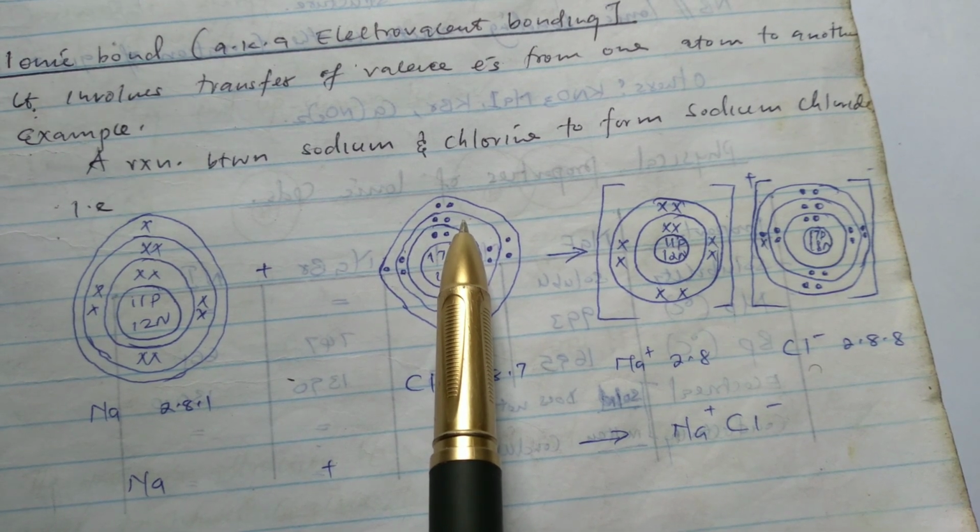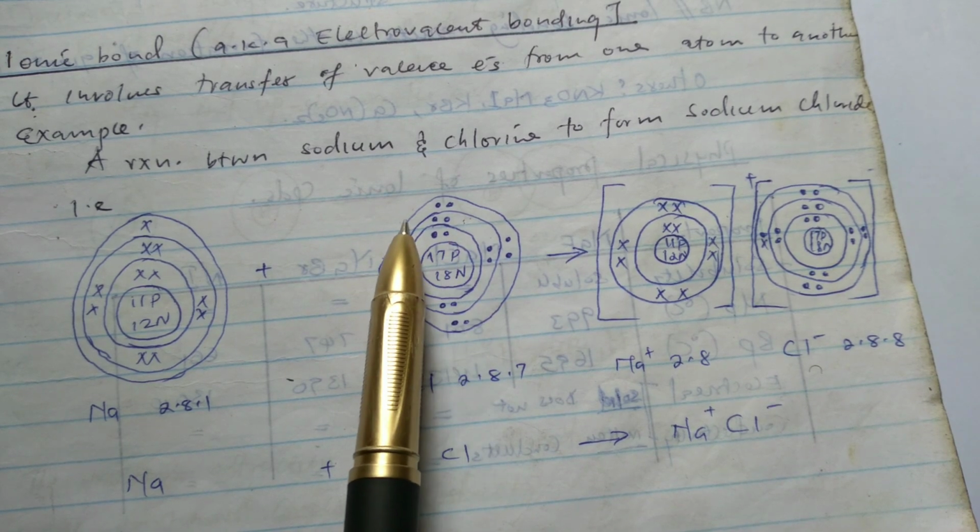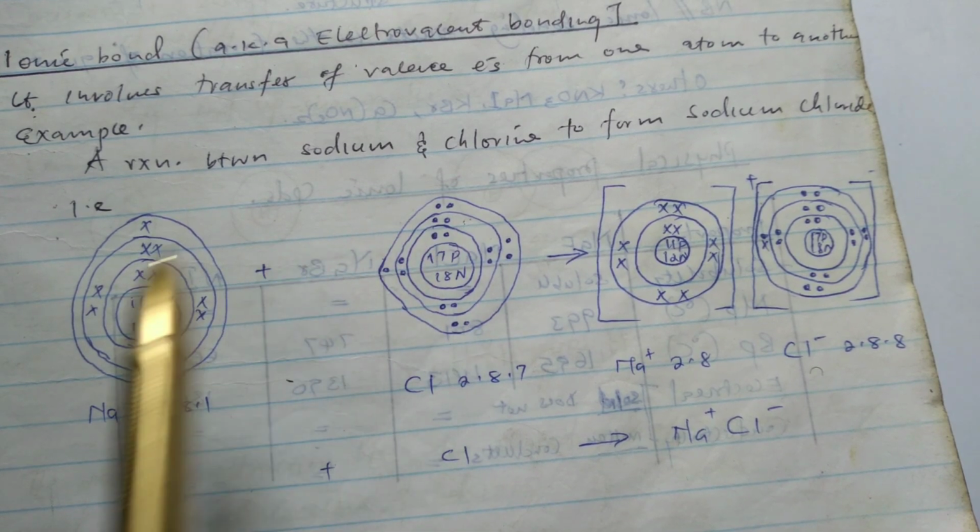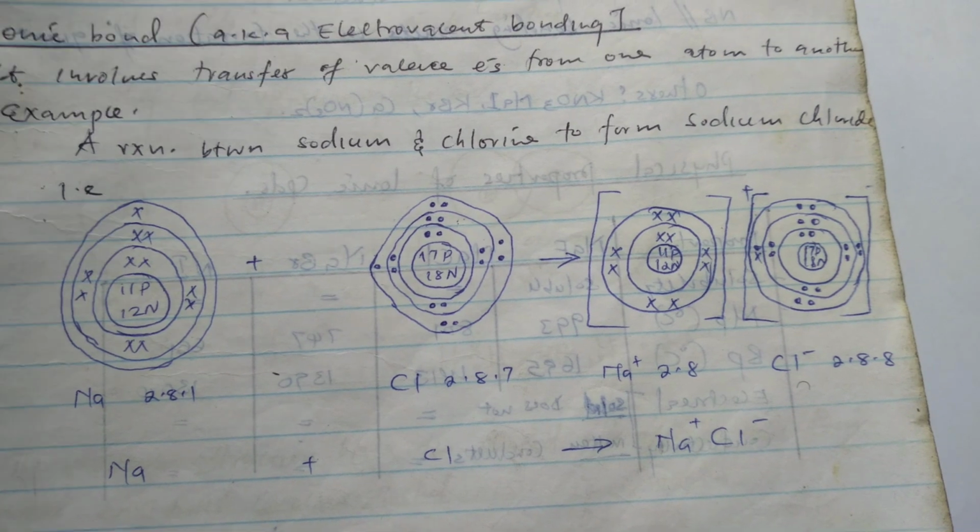I want to go into deep detail drawing that so that you understand what I'm trying to put across. So this is sodium, and it has 1 electron on the outside, then 8, then 2.